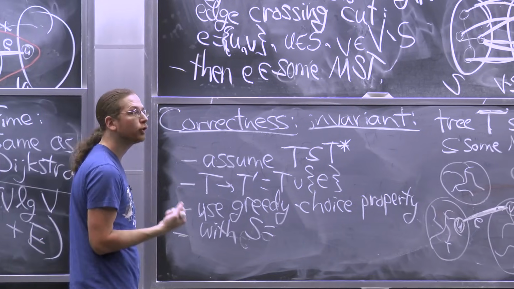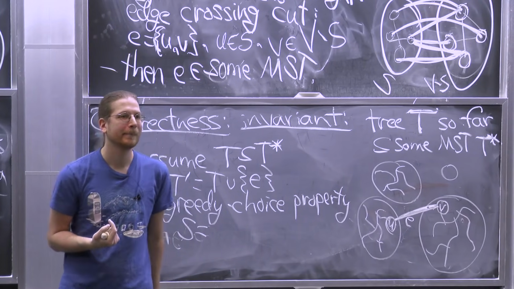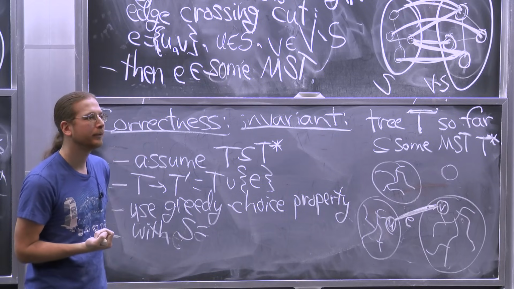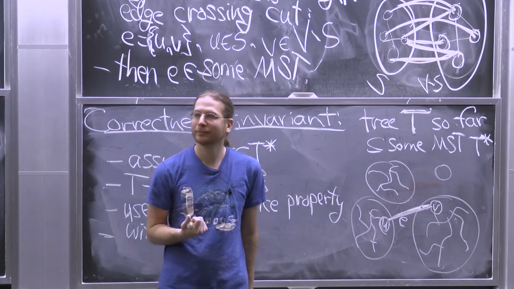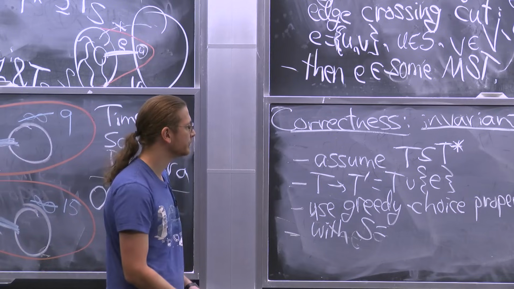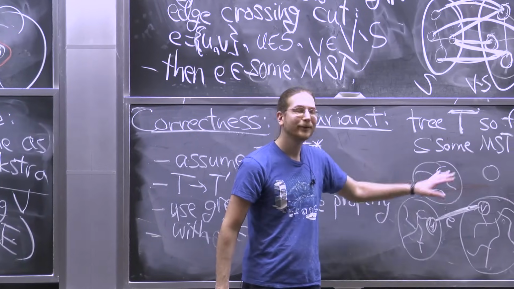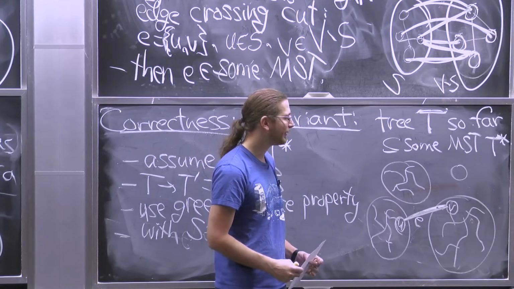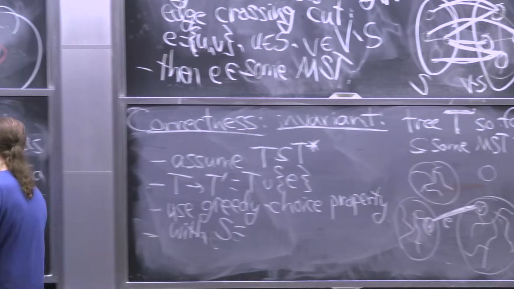I want E to cross a cut. So what's a good cut? Yeah? The connected component of U and then everything else. That would work, yeah, which is also the opposite of the connected component containing V. There are many choices that work.